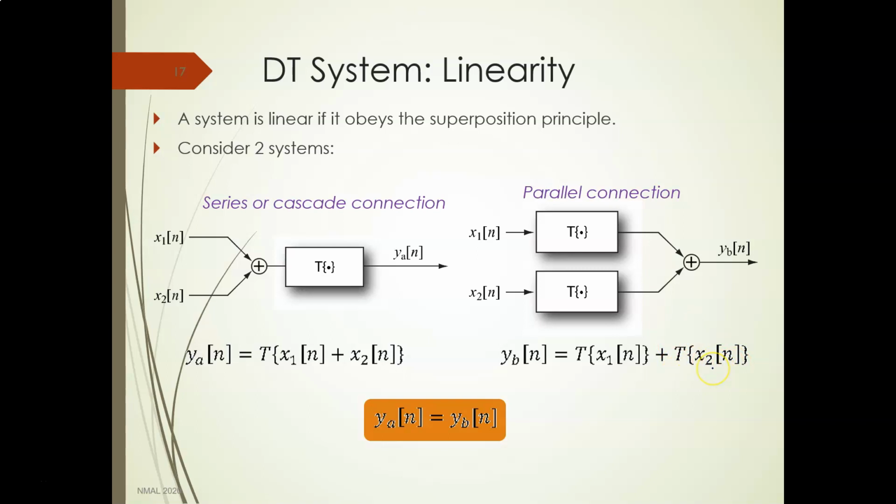So for a system to obey the superposition principle, Yan has to be equal to Ybn.